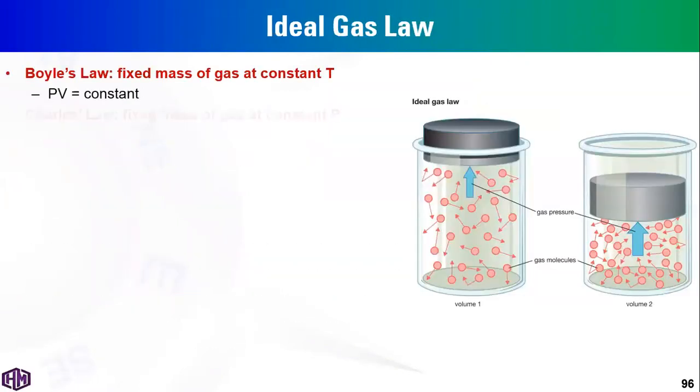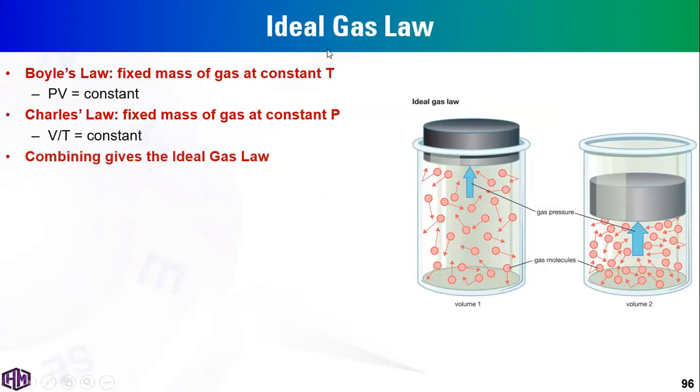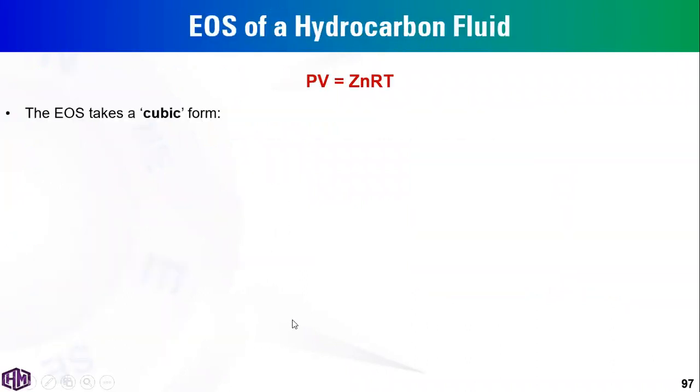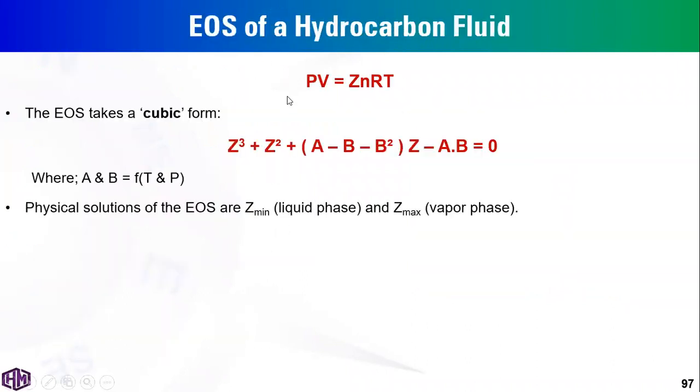So I will go through a highlight of equations of state, starting from Boyle's law and combining it to get this equation, the ideal gas law, under specific assumptions. This is a general equation of state, which can be presented in cubic form, which means a cubic equation of state. We have parameters A and B, which are functions of pressure and temperature.